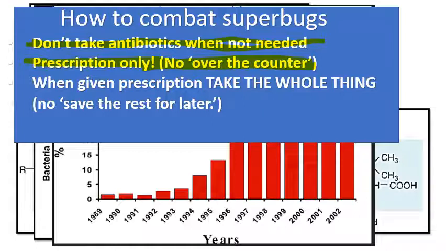But in addition to that, even in places like Canada, where the doctor has to prescribe antibiotics, I've literally seen this happen, where somebody will come to a doctor and say, I've got a cold, I want antibiotics, and the doctor says, you don't need antibiotics for a cold, get out of my office, right?